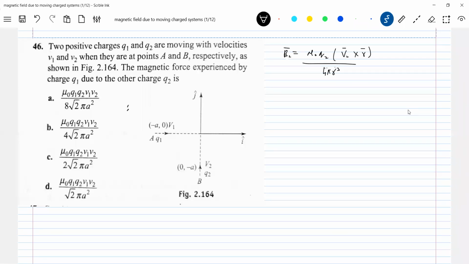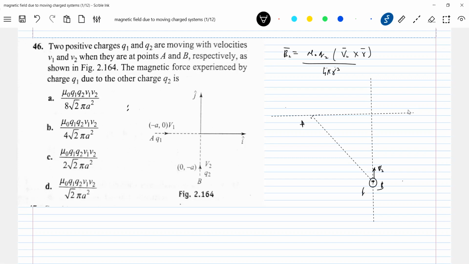There's a formula. So what is R? R is the line joining A and B, the line joining the charged particles. So there's a position A, there's a position B, and a positive charged particle.